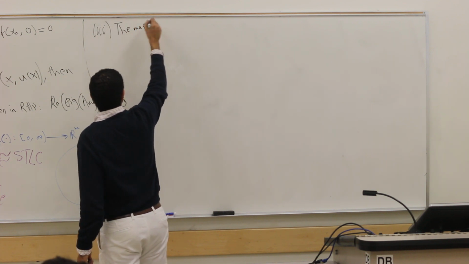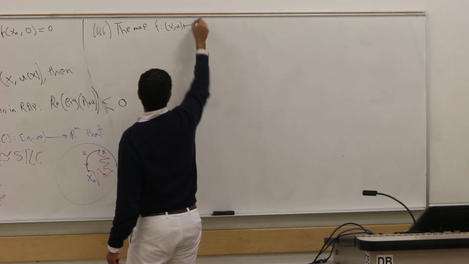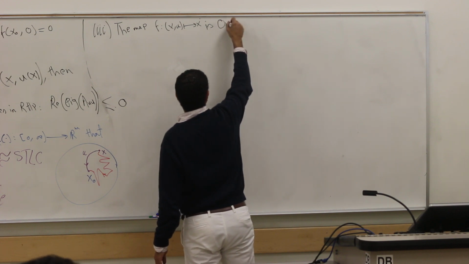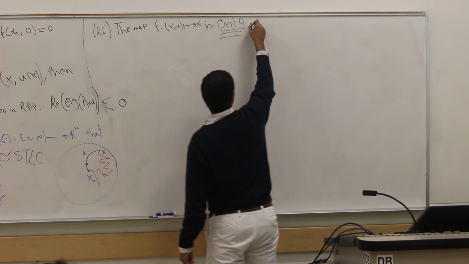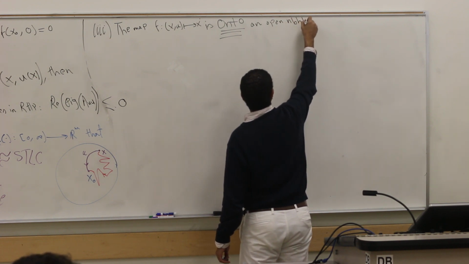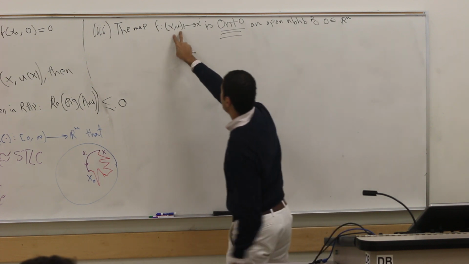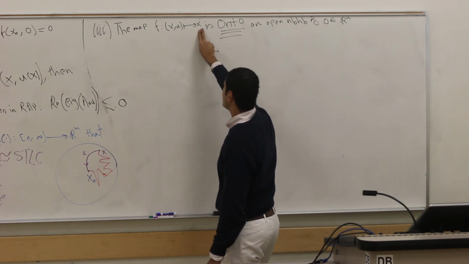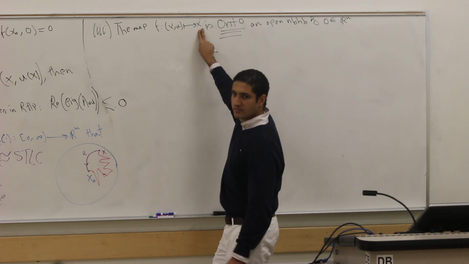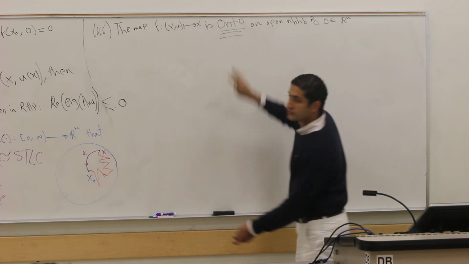The map F, as a map from (x,u) to x dot, okay, is onto an open neighborhood of the origin in Rn. So it takes a pair (x,u) and gives you a point in Rn. It's not actually a point, it's a vector, right? But it's okay. A point in Rn. This map should be onto.